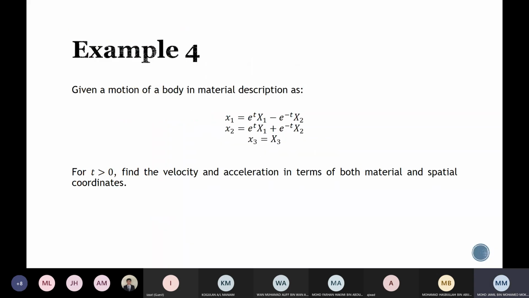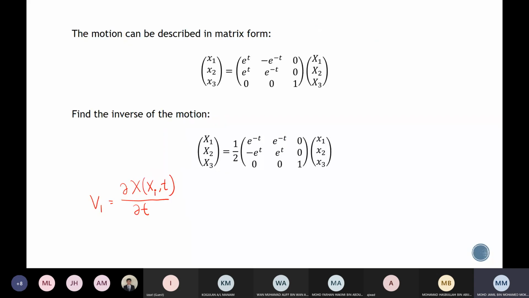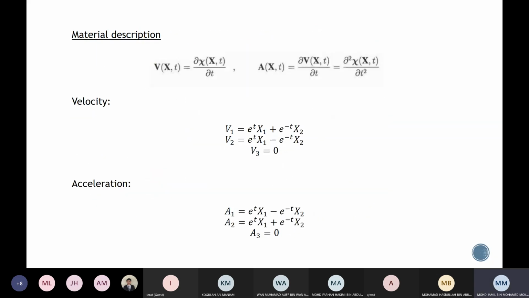Or it is easier to look from here. To find V1, you differentiate the mapping with respect to t. Meaning that you differentiate this first equation here with respect to time.